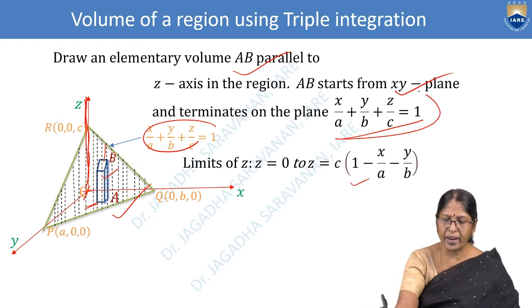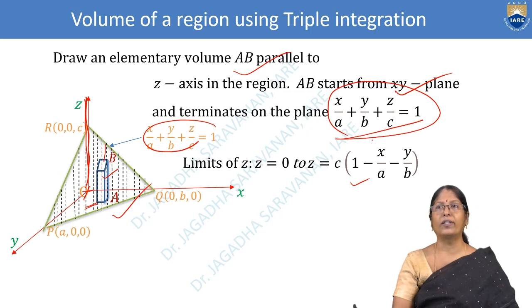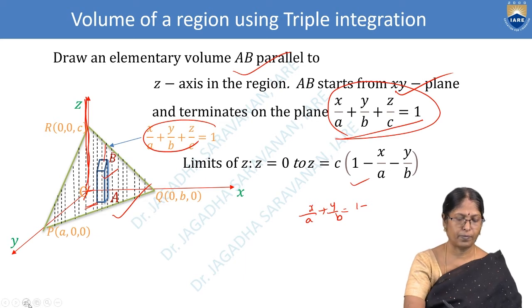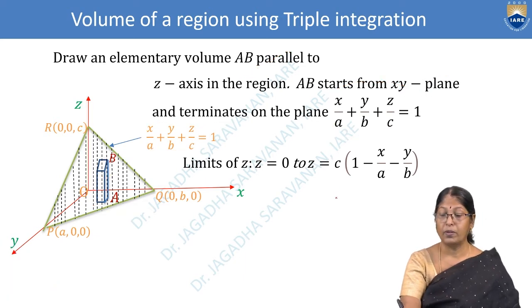From this we extract z. It becomes x by a plus y by b plus z by c equal to 1, so z by c equals 1 minus x by a minus y by b.